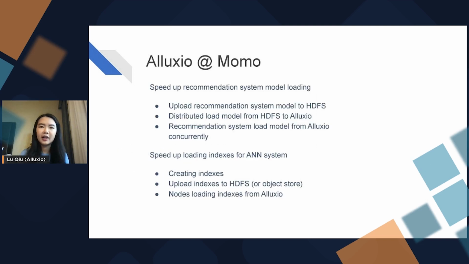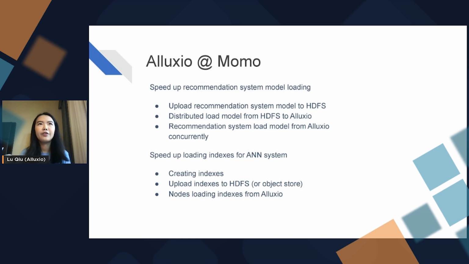And they also use Elastic to do some of the recommendation system model loading. Basically, they upload the model to HDFS and they directly load the model from HDFS to Elastic. The recommendation system may have hundreds of nodes, and those nodes will directly load the model from Elastic concurrently.